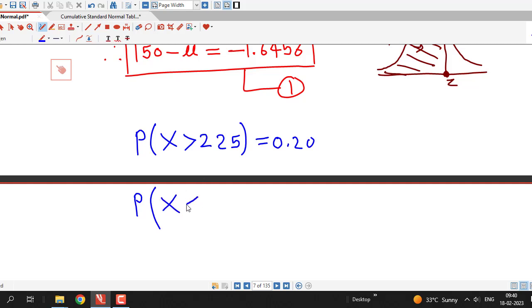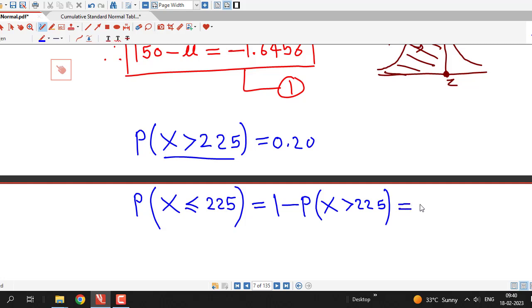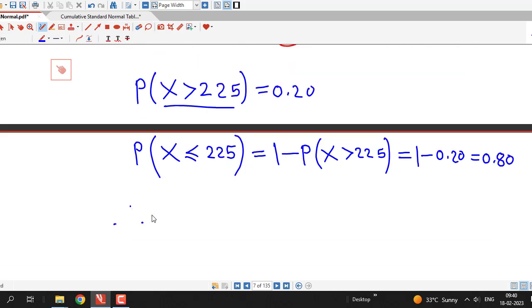So from this we can decide that we are interested in this probability that capital X is less than or equal to 225, then using the definition of complementary events we can write this probability as 1 minus probability that capital X is greater than 225, and this is nothing but 0.20. 1 minus 0.20 is 0.80. So what we obtain? We have obtained probability that capital X is less than or equal to 225 is 0.80.